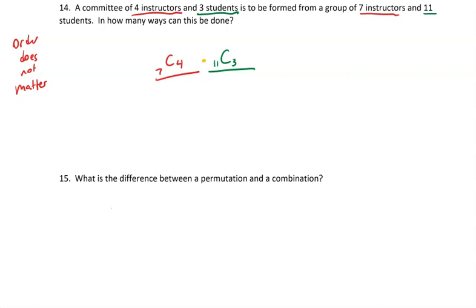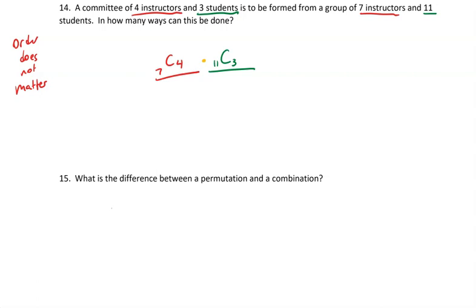All right, now at this point, you can either do both of these separately and then multiply those two numbers, or in Desmos, if you want to go ahead and put it all in as one big thing and let it do all the work, you can do that as well. In this case, though, I will go ahead and work out both of these with the calculator just so you can see both the numbers, just in case you might have had a typo somewhere.